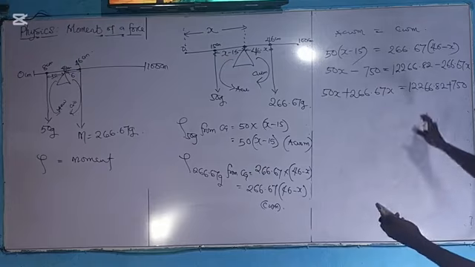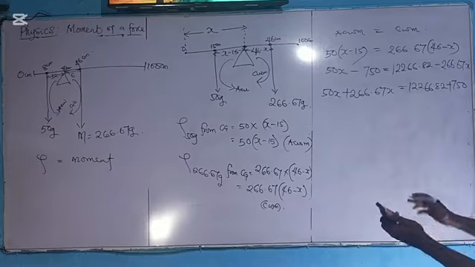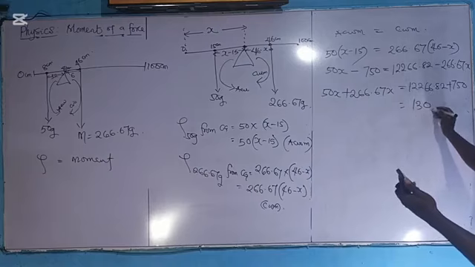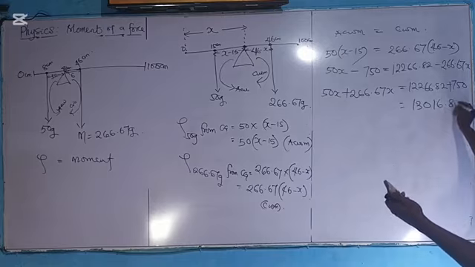So if we add this up, you are going to have 13016.82.